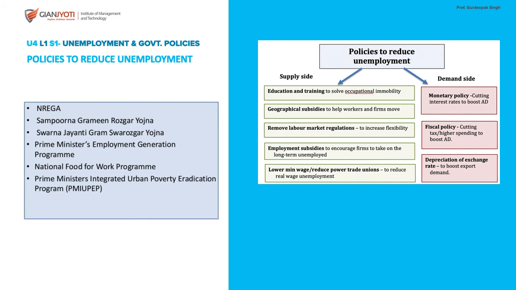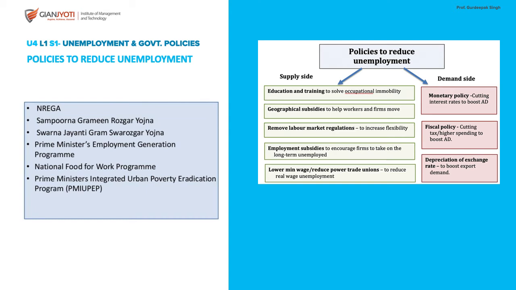And basically that is for the rural youth. Then Sampoorna Gram Rozgar Yojana, Swarnajayanti Gram Swarozgar Yojana, Prime Minister Employment Generation Programme. So there are many programs which are focusing on employment and also on reducing poverty, because they are also linked.